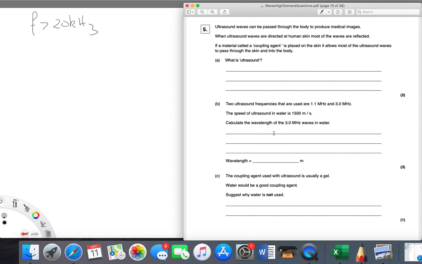Then we have our two ultrasound frequencies that are used, 1.1 megahertz and 3 megahertz. So these are frequencies well above the 20 kilohertz that we can hear.